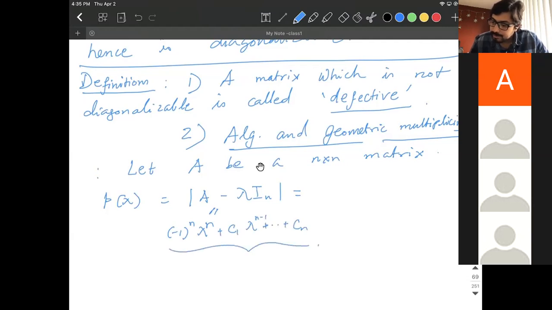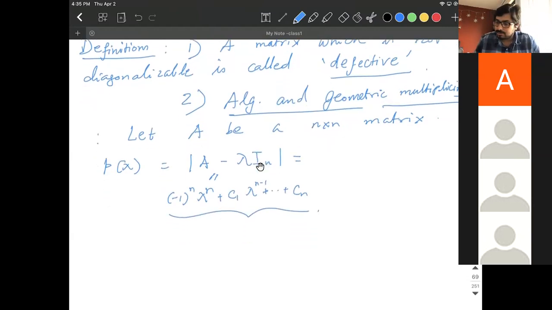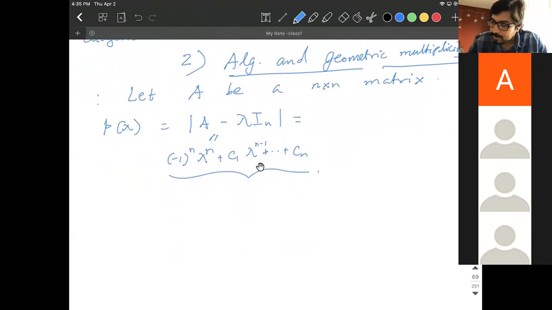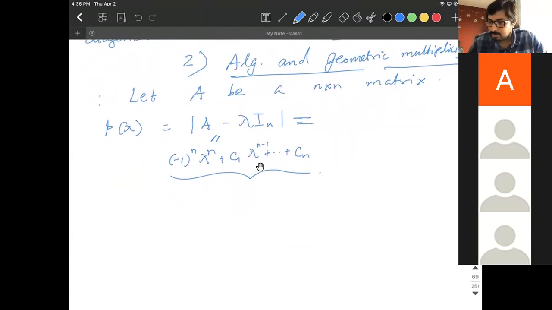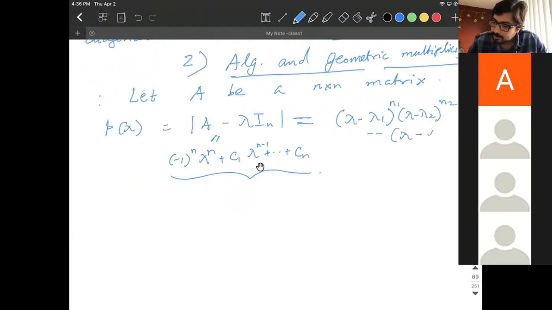So this is a degree n polynomial. So that much you know. Now over generally the complex numbers, not always over the real numbers, you can factorize. So this is (lambda minus lambda 1)^n1, (lambda minus lambda 2)^n2, up to (lambda minus lambda k)^nk.